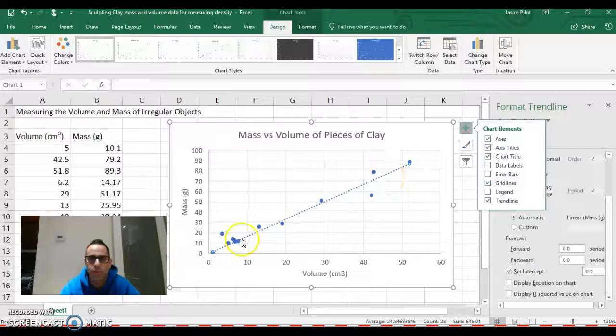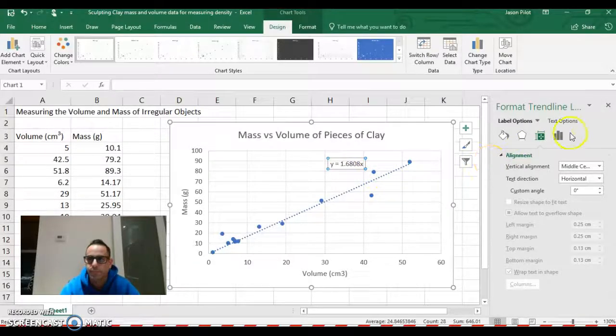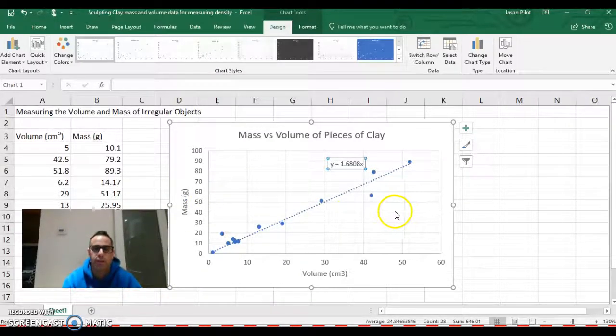That's going to tweak the line slightly, because if we had 0 volume, of course we would have 0 mass. And the big thing here is we're going to display the equation on the graph. And so now we've got the equation of the line.